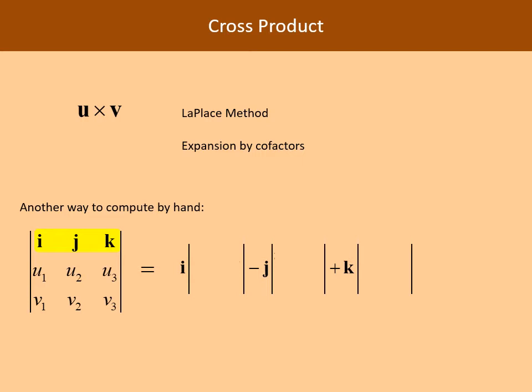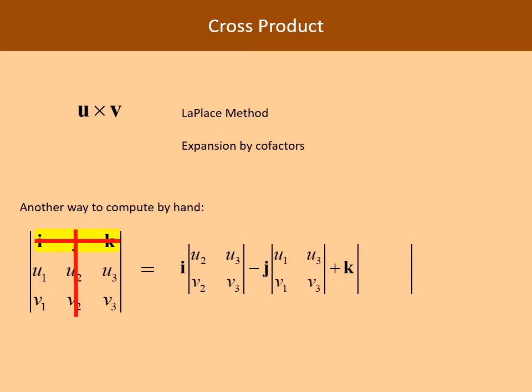However, the technique goes like this. If we cross out the row and the column where the i is, the components that are left would be the determinant that we need to evaluate. And the same thing for the j: cross out its row and column.